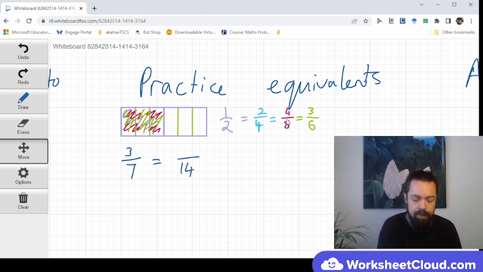So I'm going to work from the left to the right, and I'm going to start with the bottom. I ask myself, what did I do to a 7 to turn it into a 14? I doubled it, times it by 2, and what you do to the bottom, you do to the top. So if I double the top, I'm going to get 6, and so my final answer there is 6 over 14, and those two are equivalent.